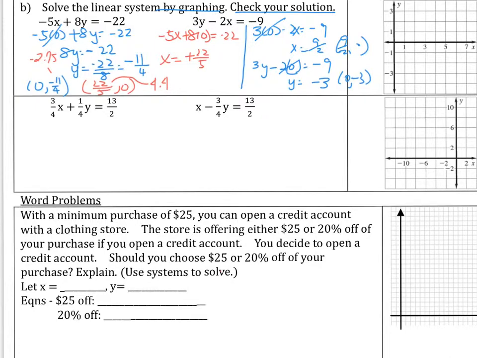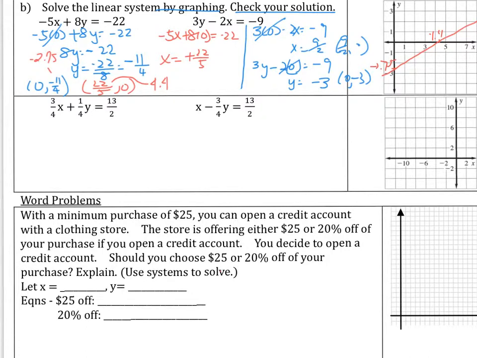So negative 2.75, it's about here, and 4.4. I'm going to connect the dots. I'm going to label my x and y intercepts. And then I'm going to graph my other line.